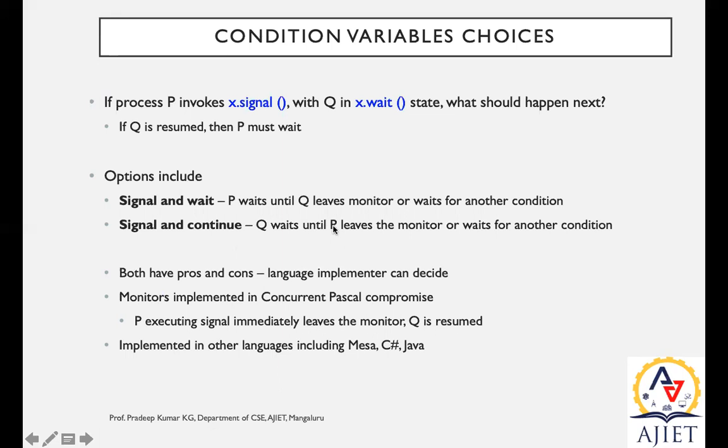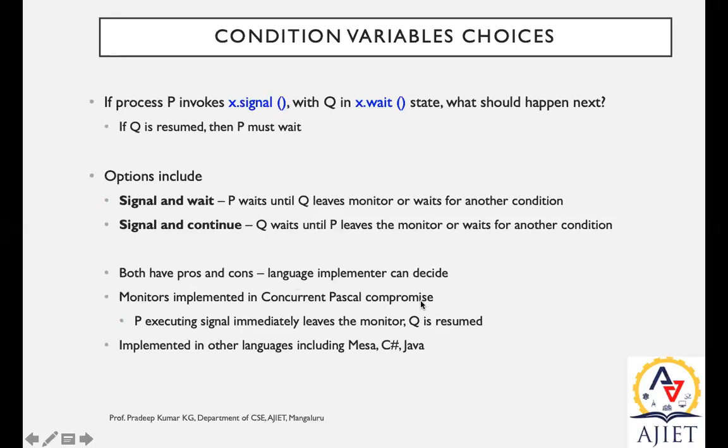And then signal and continue. The queue waits until P leaves the monitor or waits for another condition. It is supposed to wait for the previous process to leave the monitor. But in both these possibilities, there are pros and cons, so the language implementer can decide.